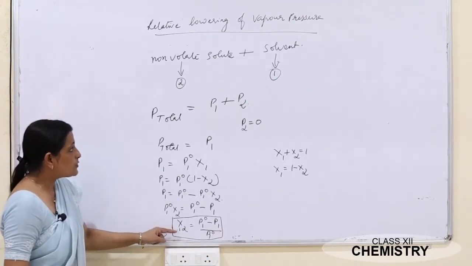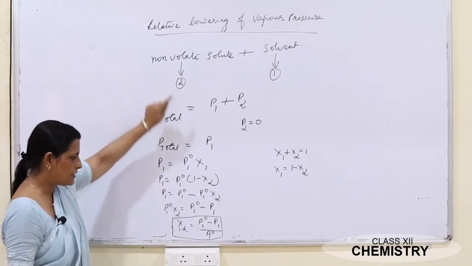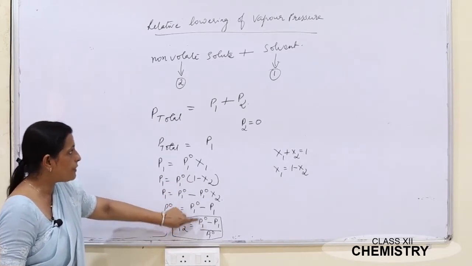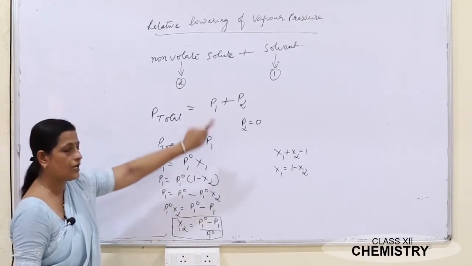So x2 represents what? The mole fraction of the non-volatile solute. P1 naught represents the pure vapor pressure of the solvent. P1 represents the partial vapor pressure of the solvent.